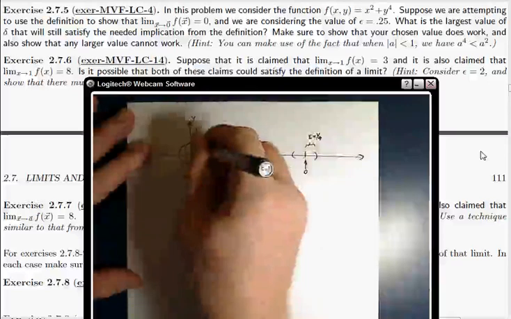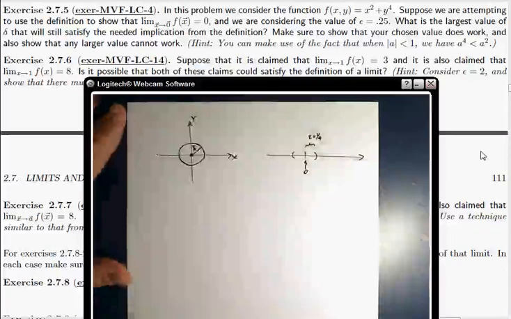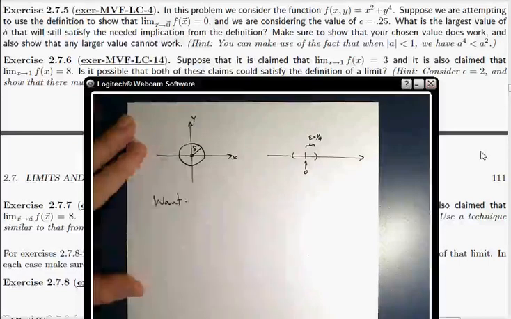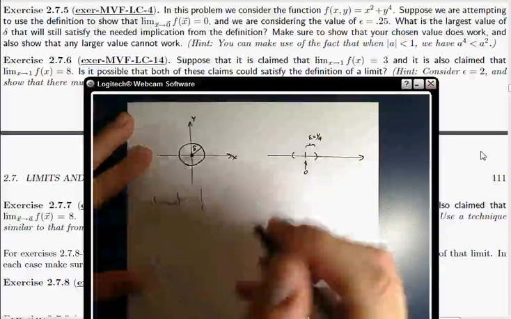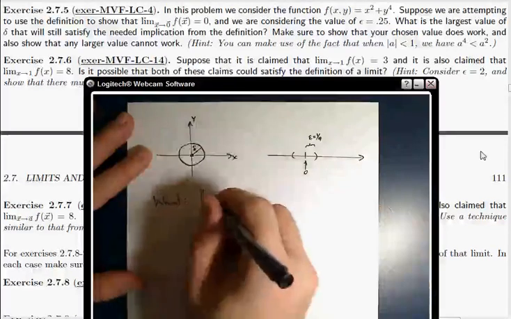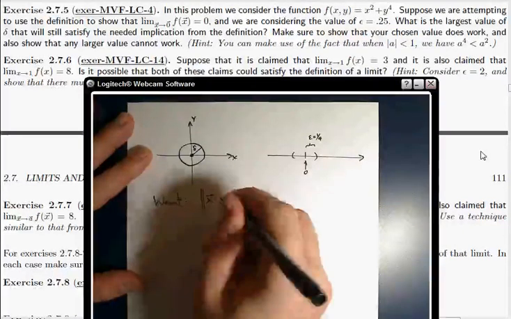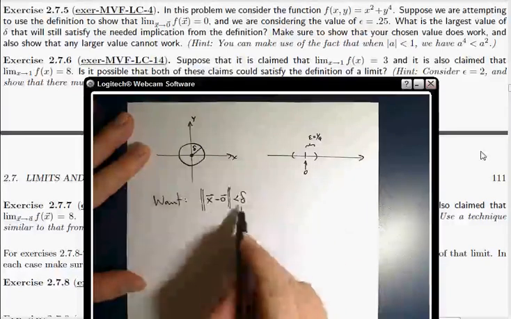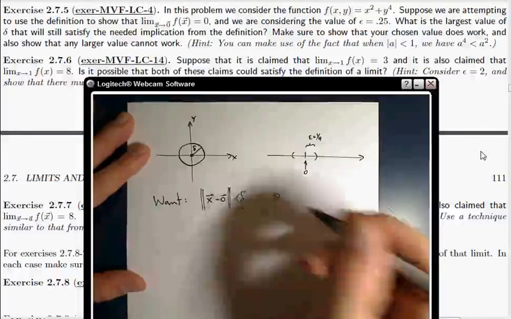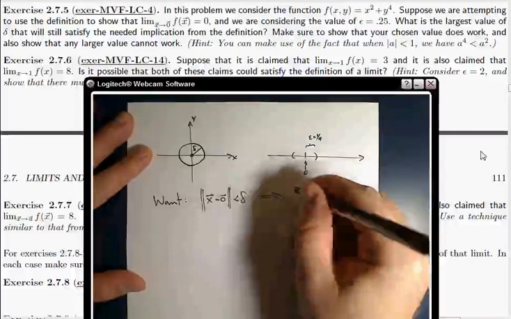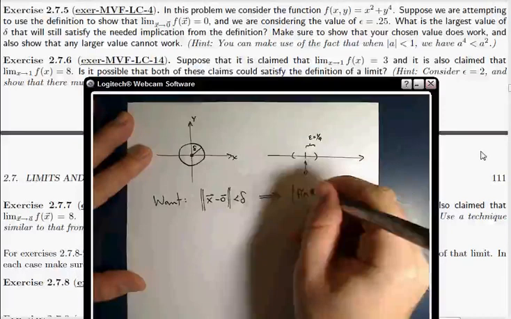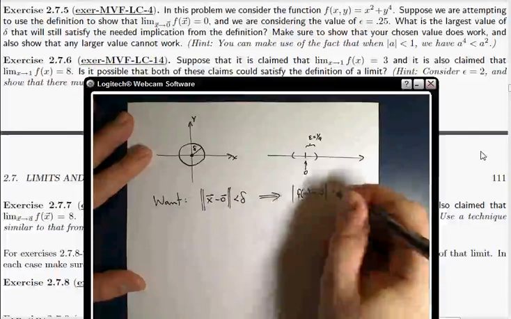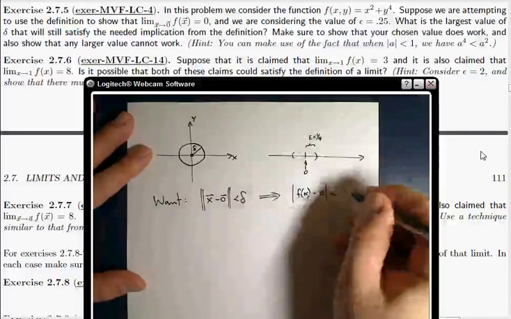I'm looking for a delta here. And I want the following. I want to know that when the magnitude of x minus a, which is of course the 0 vector, is less than delta, that implies that the absolute value of f of x minus L, of course L is 0, we're trying to prove that the limit is 0, is less than epsilon, which is 1/4.